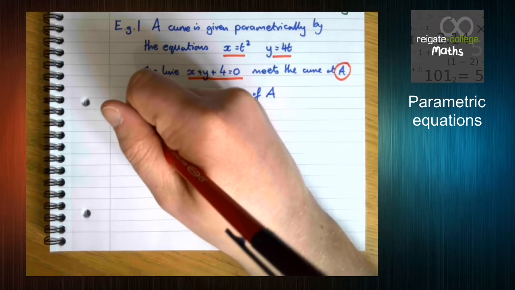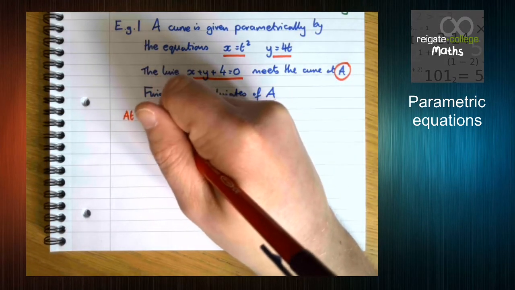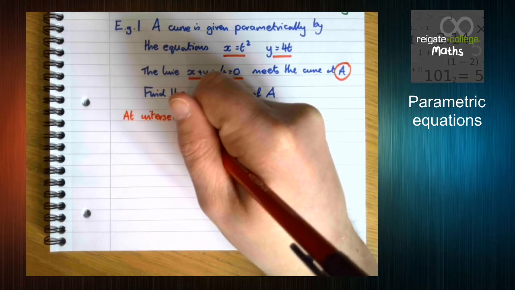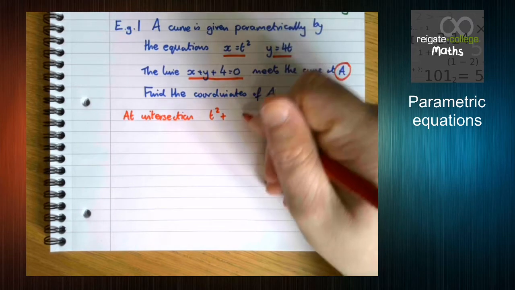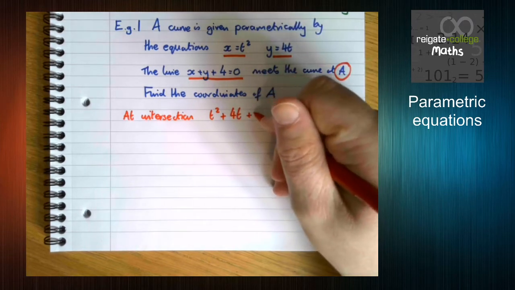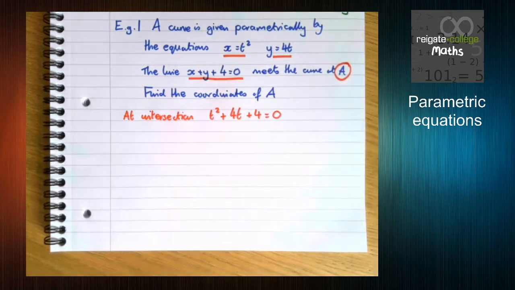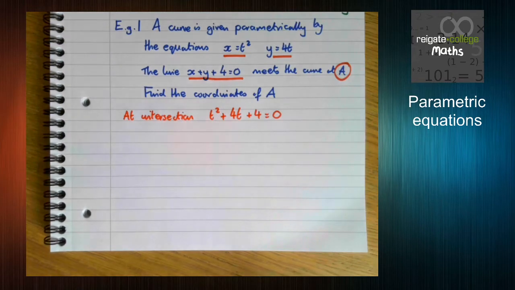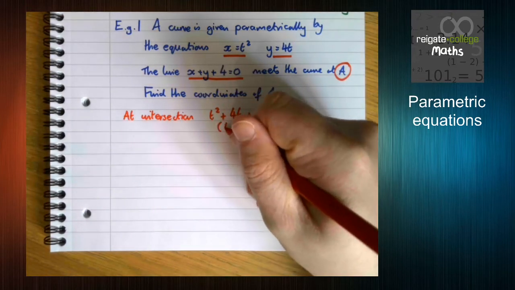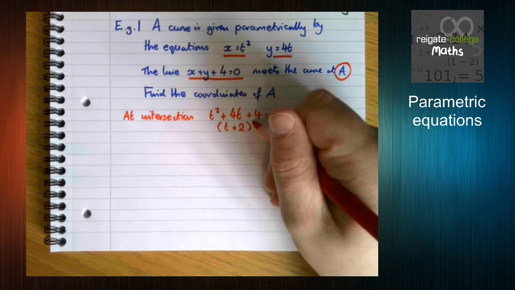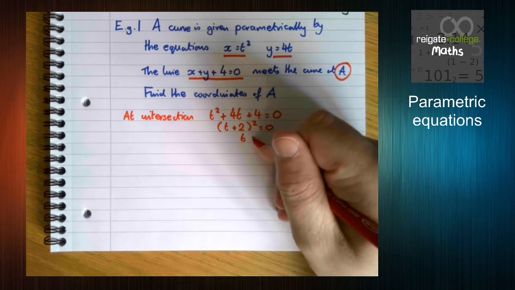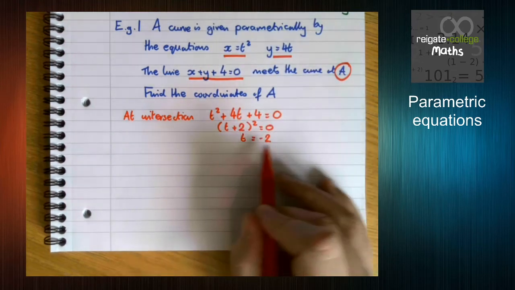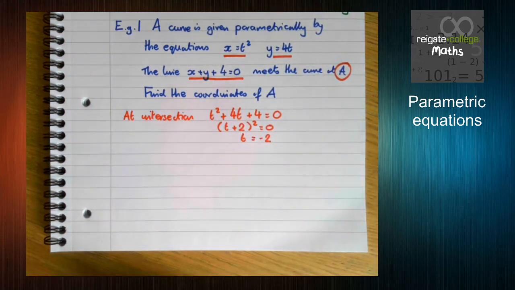So at the point of intersection, x is t squared, y is 4t, and we get a nice, relatively straightforward quadratic to solve. In this case, it factorizes very nicely into a perfect square. So we know that t is minus 2.